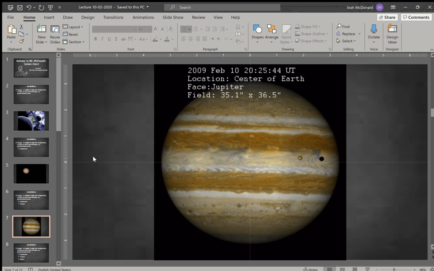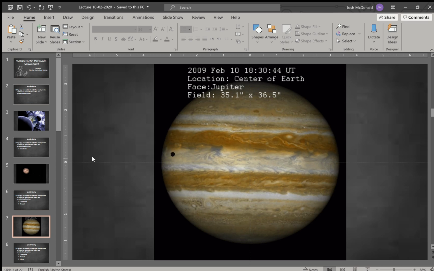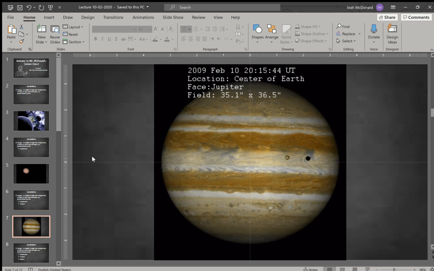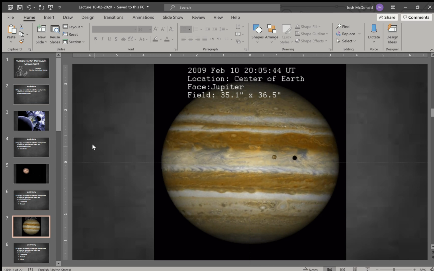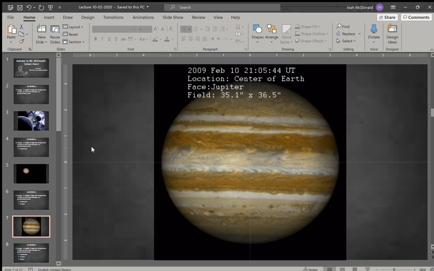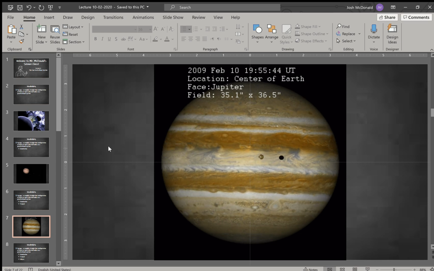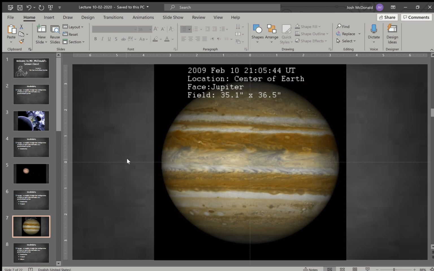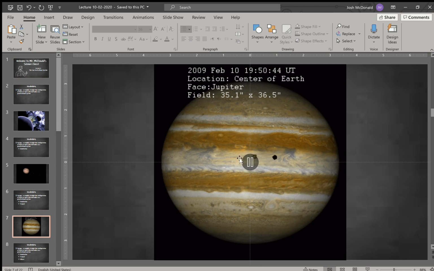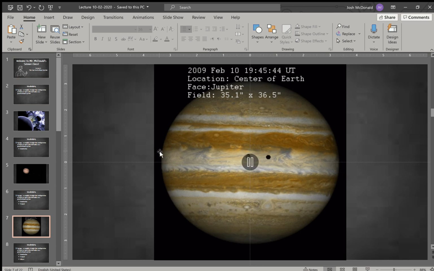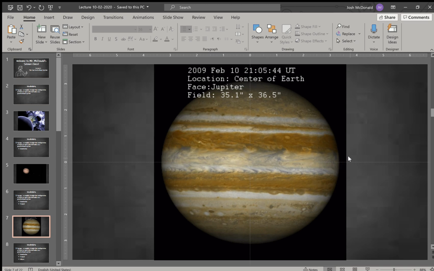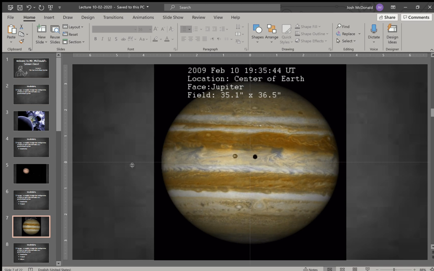That is transit. If you're interested in your Greek word parts, the prefix trans has to do with the idea of across. So something small moving across the surface of something larger, to the observer.